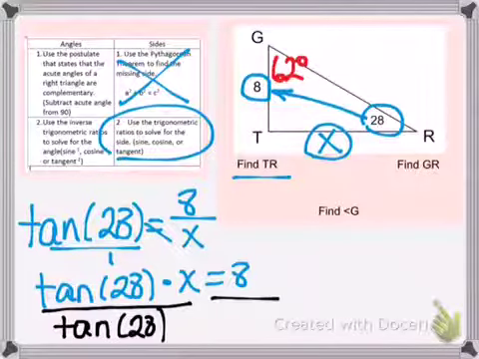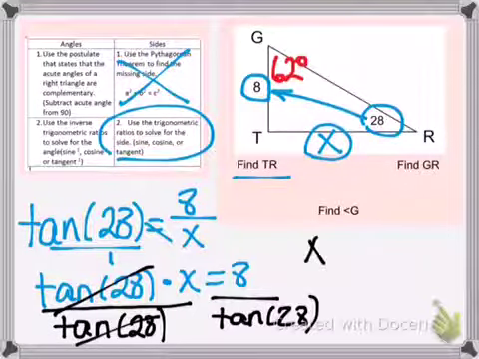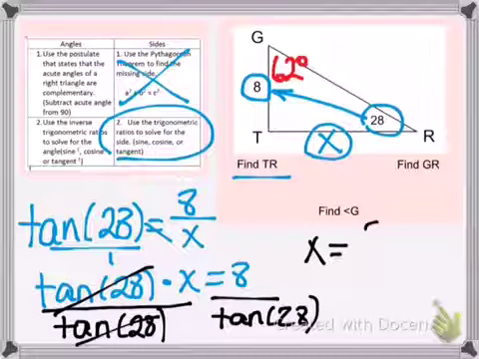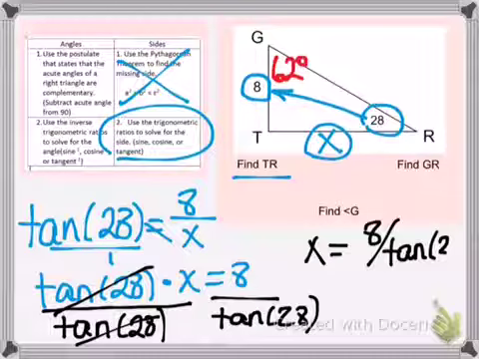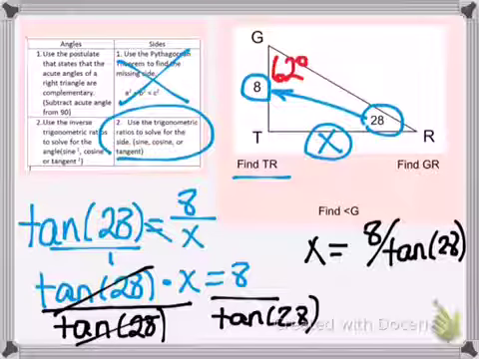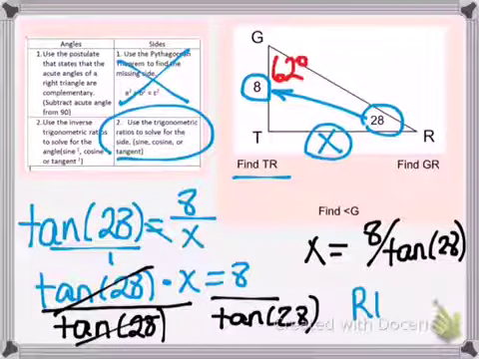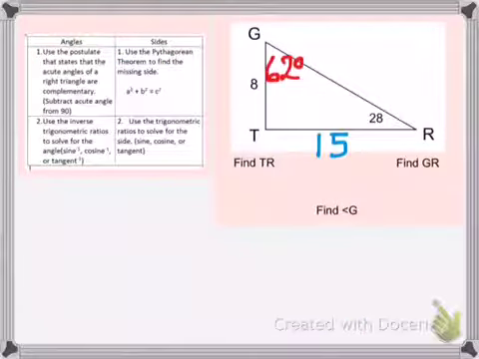And what I do to the left side, I have to do to the right side. It eliminates on the left. So to find out what x equals, I've got to divide 8 by tangent 28. I will put that in my calculator, and my calculator is going to tell me that RT is going to equal 15. So I know the measure of RT.